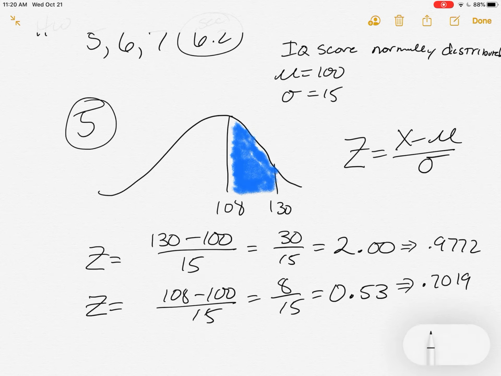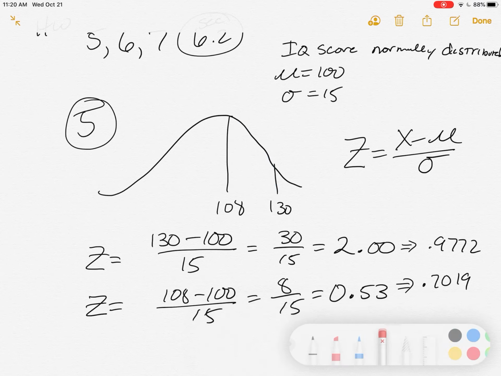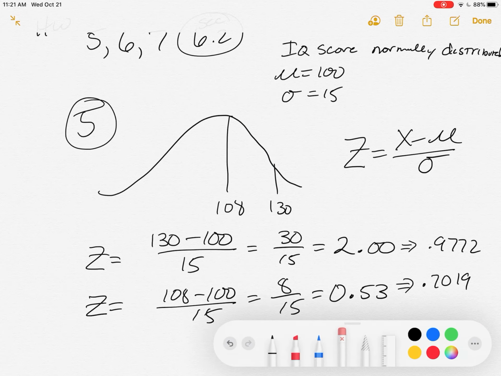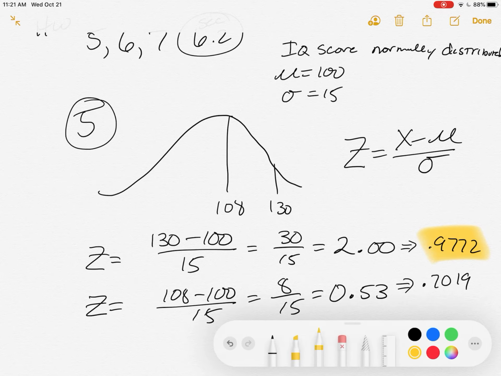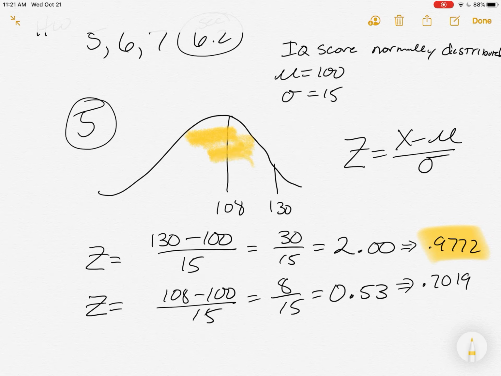When you find the 0.9772, let me show you what that is. 0.9772, I'm going to highlight it in yellow. 0.9772 is this. This is 0.9772, the full area to the left of the IQ score of 130.